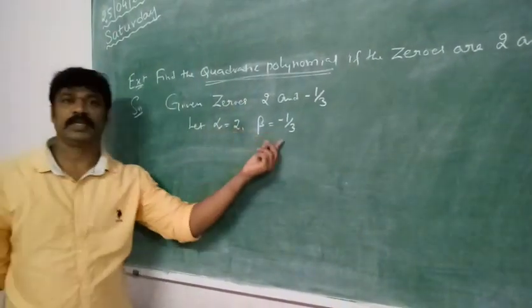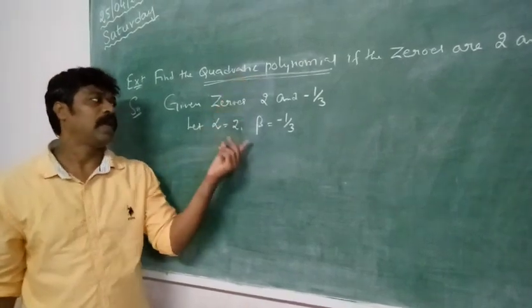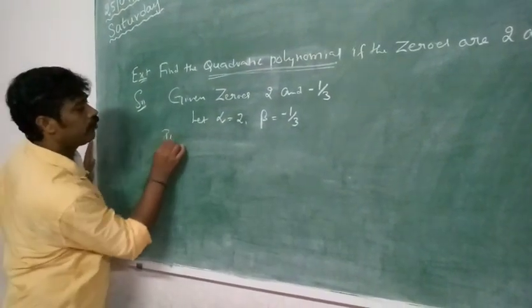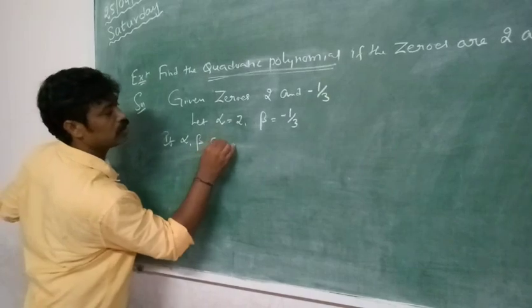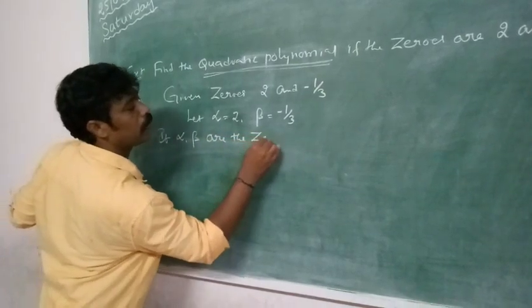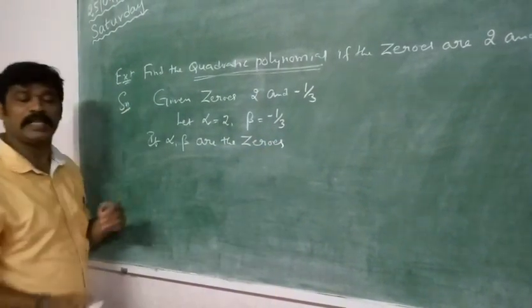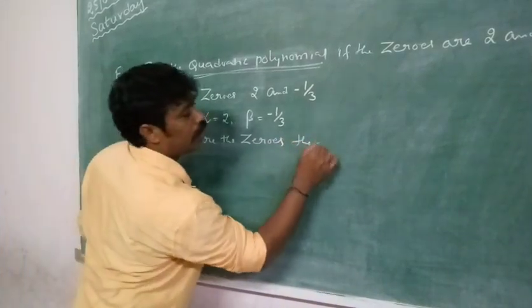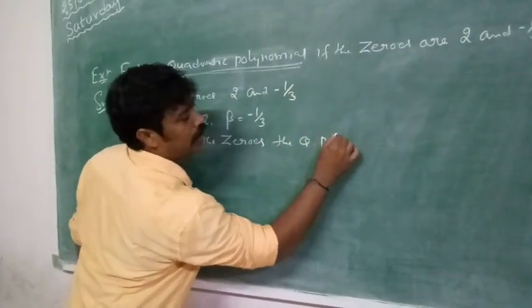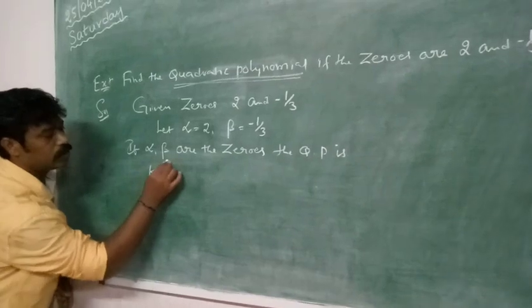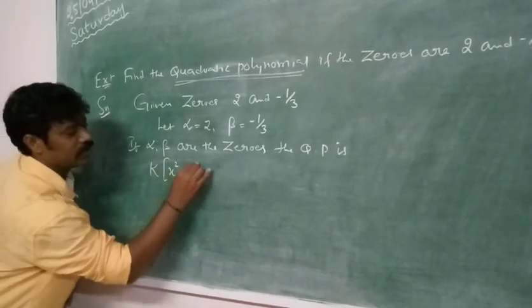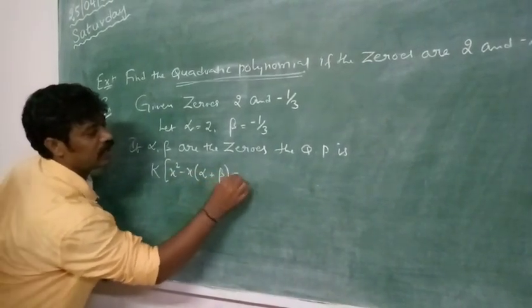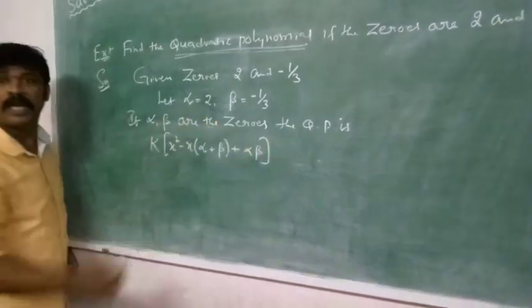Now we know the zeros. Now we have to find the quadratic polynomial and we know that if alpha and beta are the zeros, then the quadratic polynomial is k into x square minus x into alpha plus beta plus alpha beta.